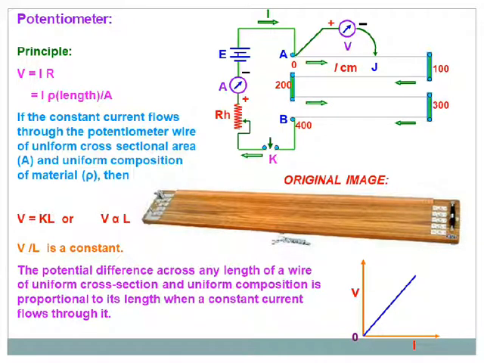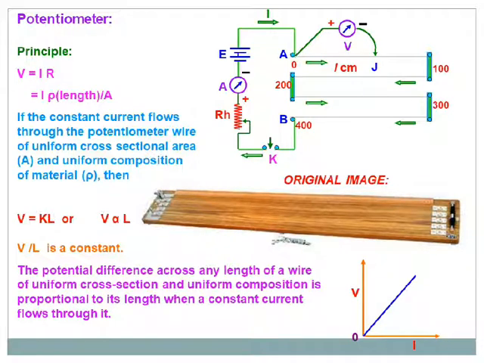Resistivity is related to the conducting wire which is there between the points A and B. So resistivity is denoted by rho. You already have learned this, and the formula for resistivity, that is rho, is RA divided by L. We are going to put that formula in this. Then you get V is equal to I rho L divided by A.